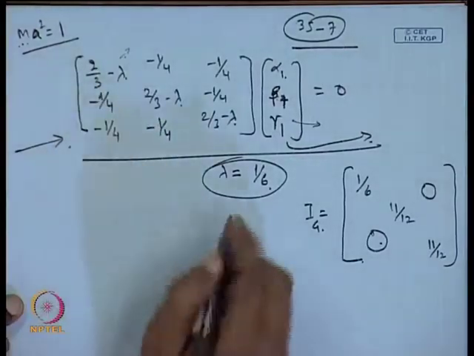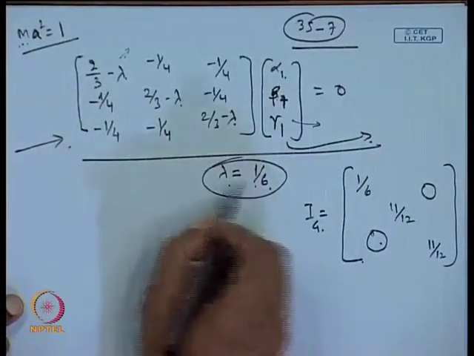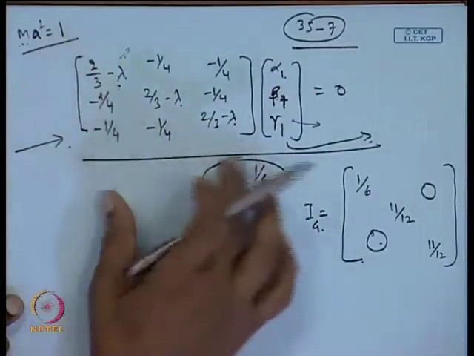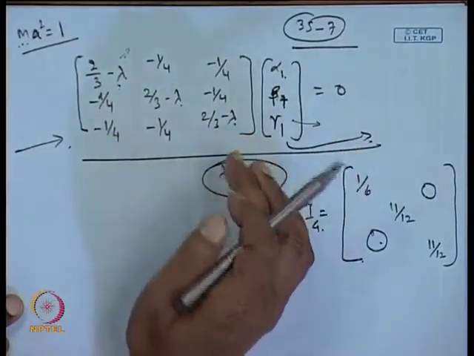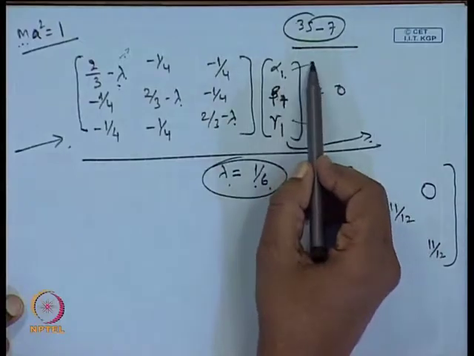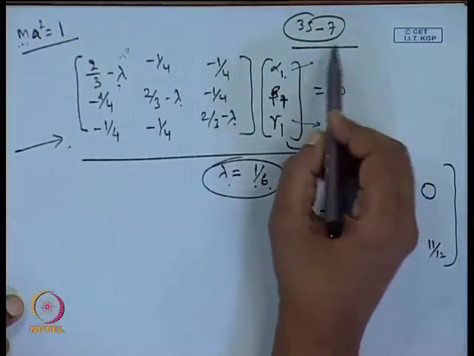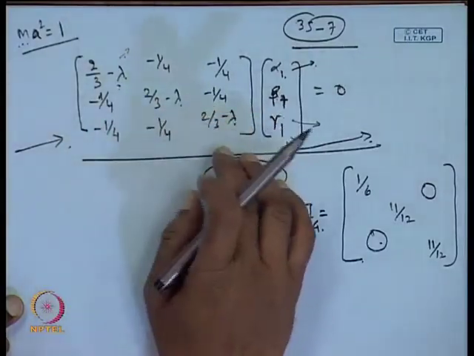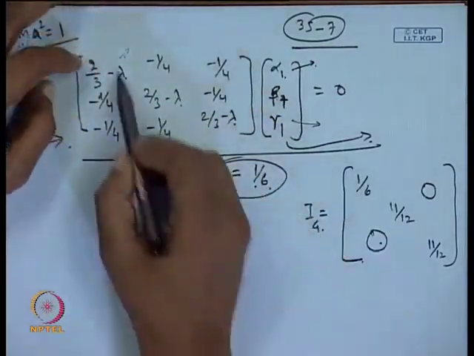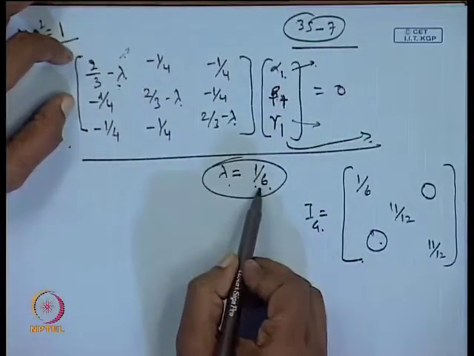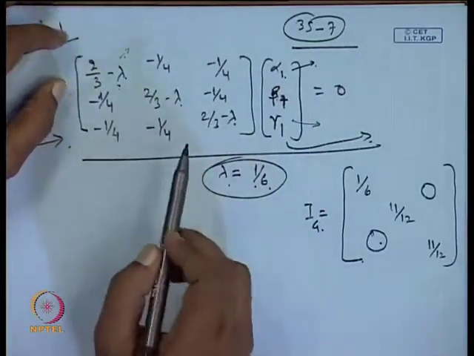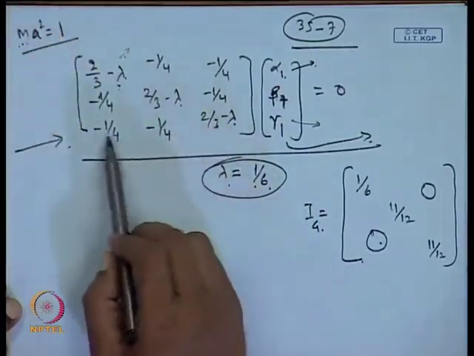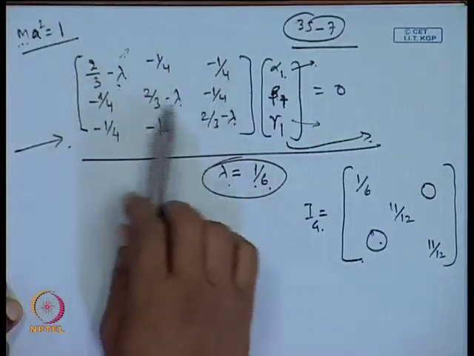For doing this, first you need to insert lambda equal to 1/6 here in this place, and then you need to solve, and last time I explained how to do that. Okay. Here you have two independent equations. See, this matrix will turn out to be singular once you put 1/6 into this, you can check it. So, it indicates that you will get only two independent equations.